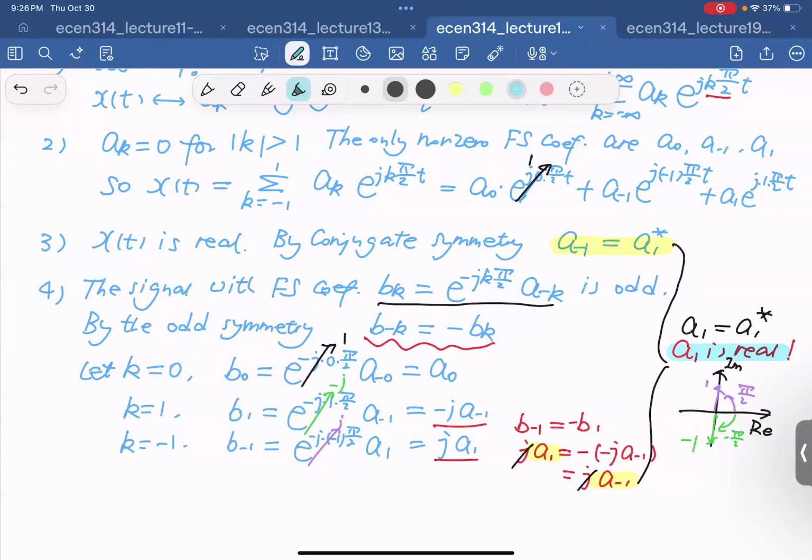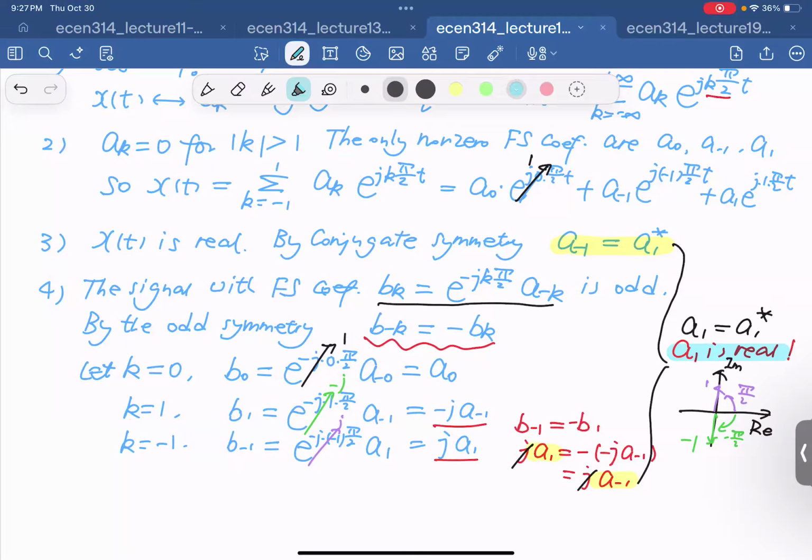Okay. What else? I still don't know A0. How do I find A0? Well, let's see. bk is odd, so b sub minus k equals minus bk.